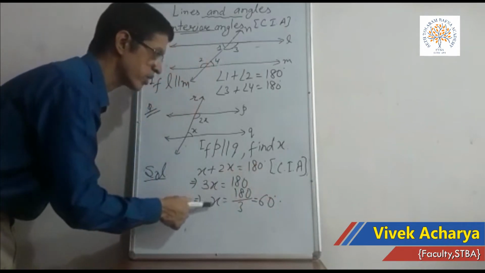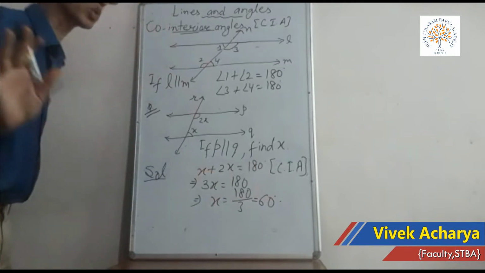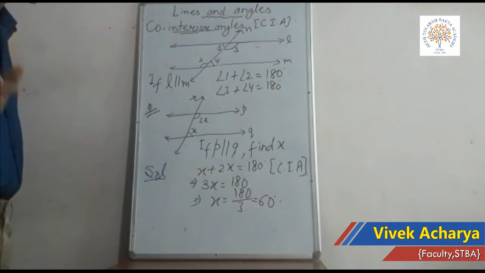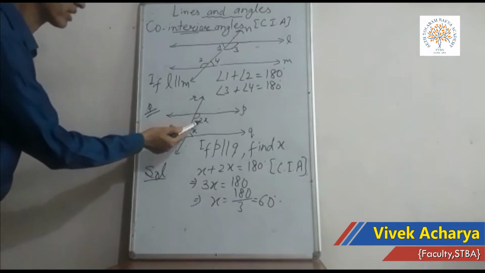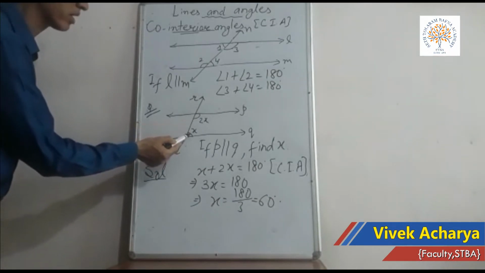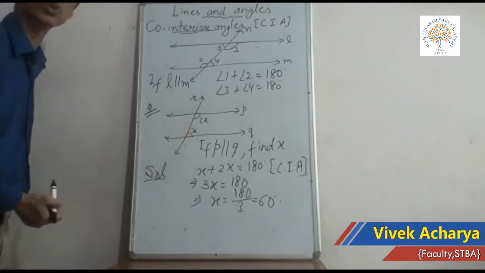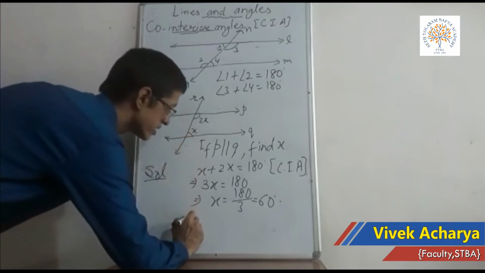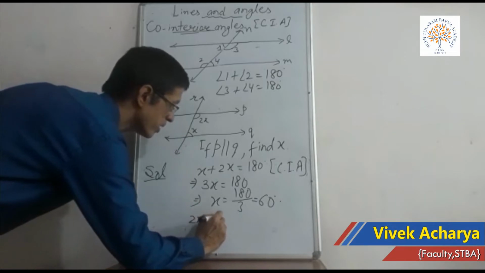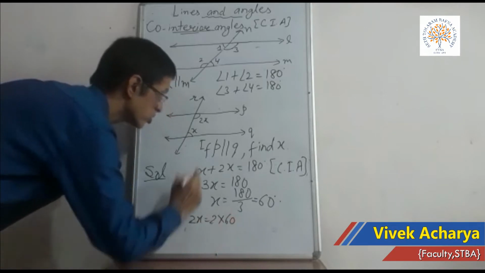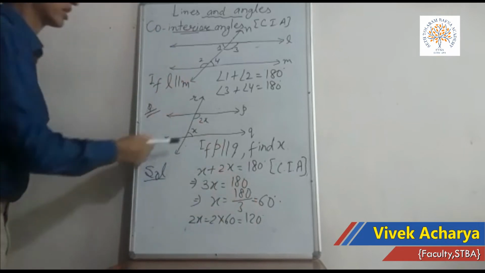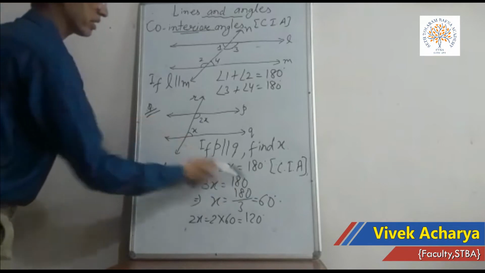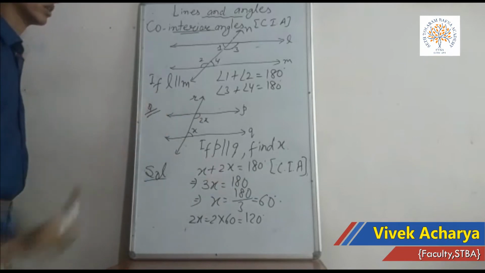So children, we get X equals 60 degrees. Now if we have to find 2X, meaning this other angle, 2X means 2 multiplied by 60, so this angle will be 120 degrees. So children, you can see this angle is 60 degrees and this one is 120 degrees.